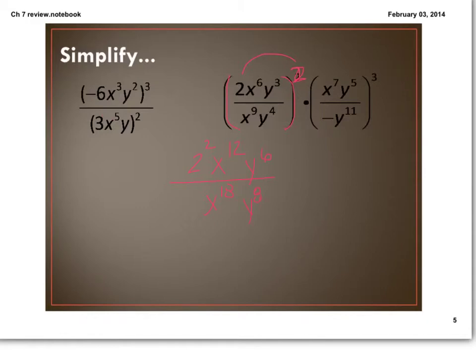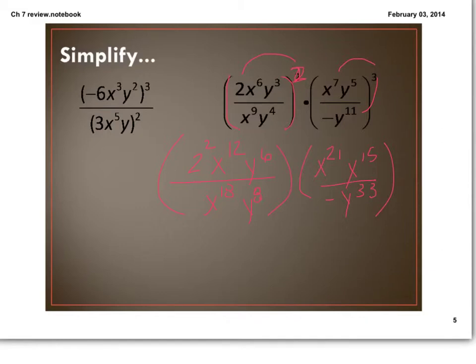And we're going to want to multiply that times x to the 21st power, y to the 15th power over negative y to the 33rd power.